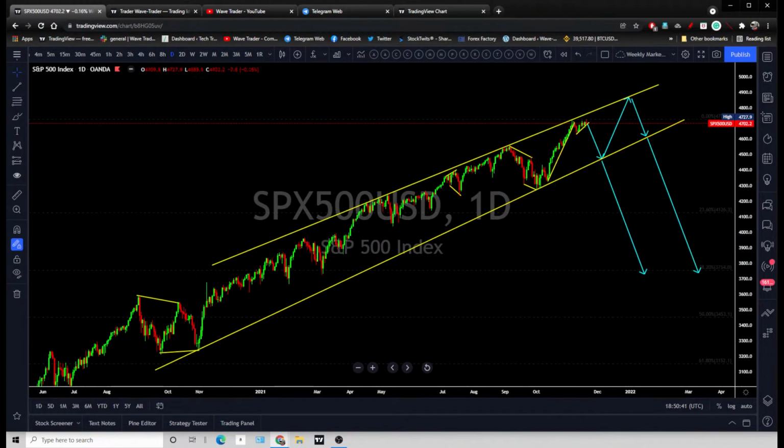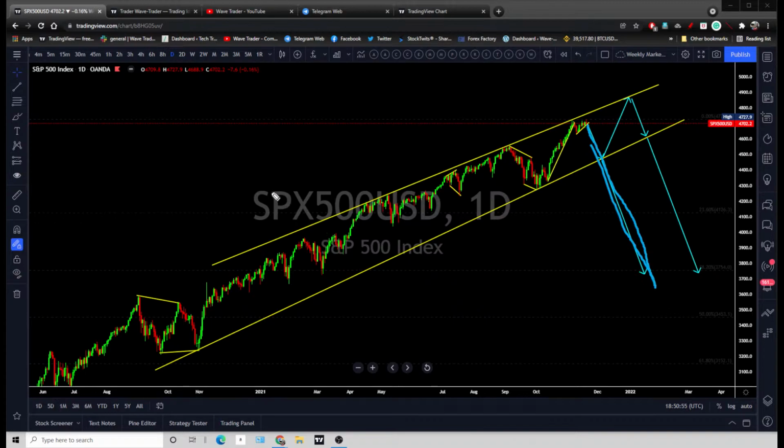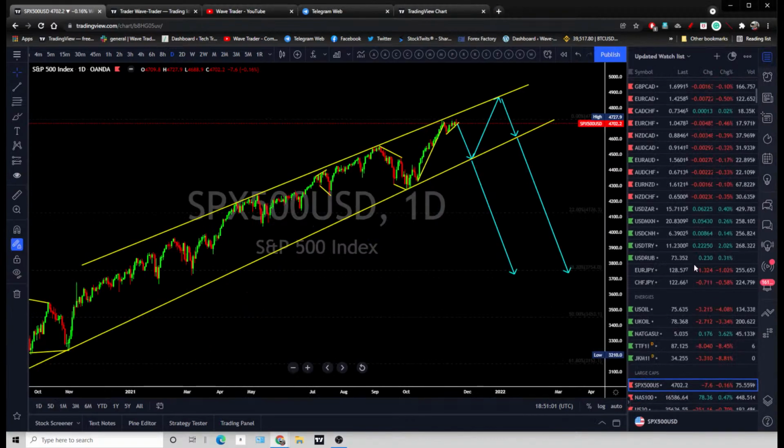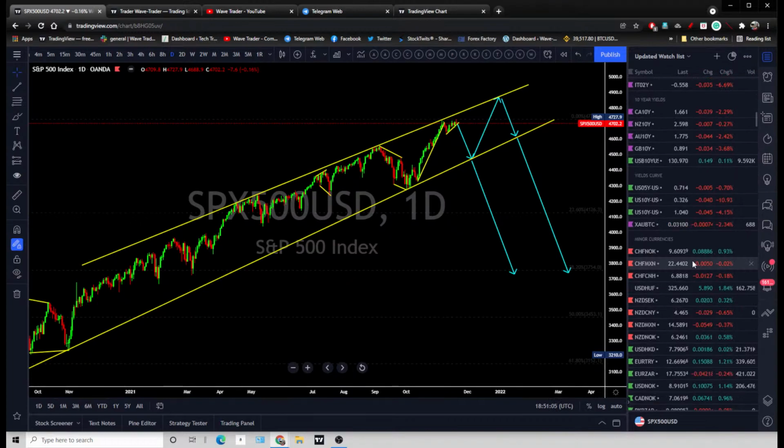Let's understand the reason why I'm expecting that, why we may see a deeper pullback on the S&P 500. So the inflation is at, let's bring that chart up.